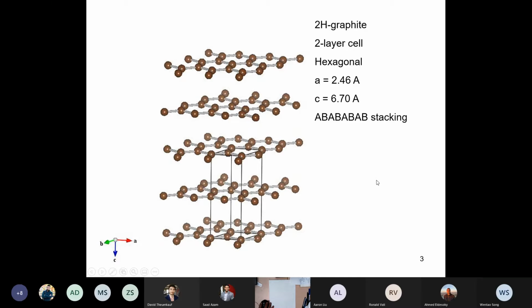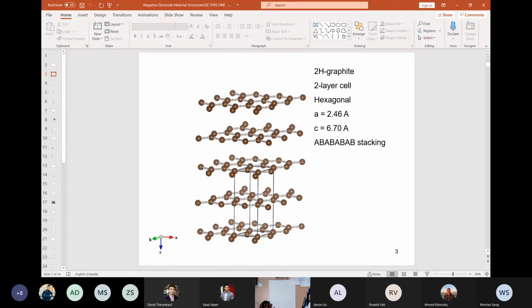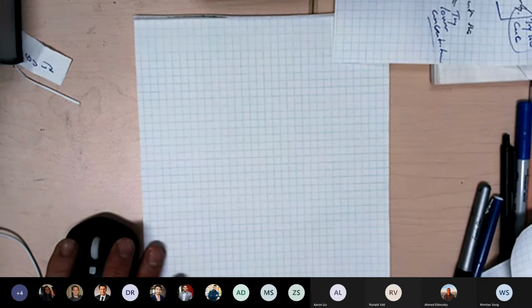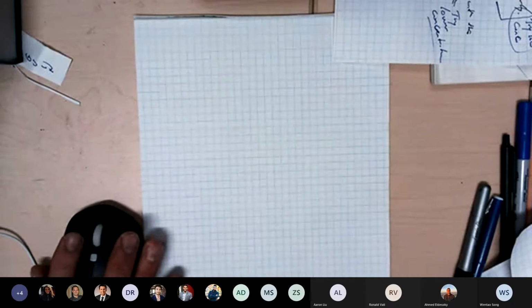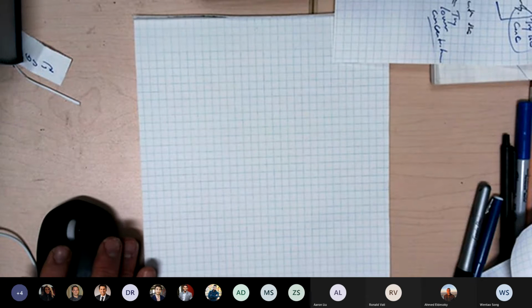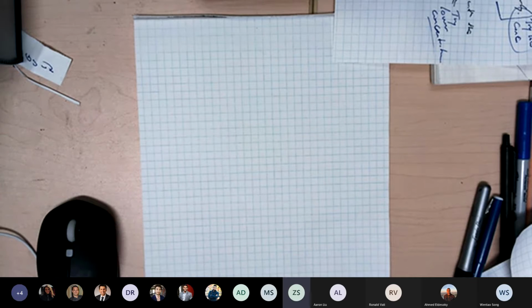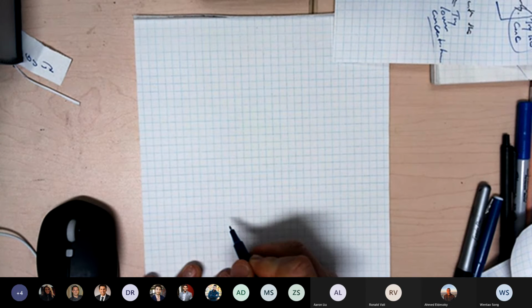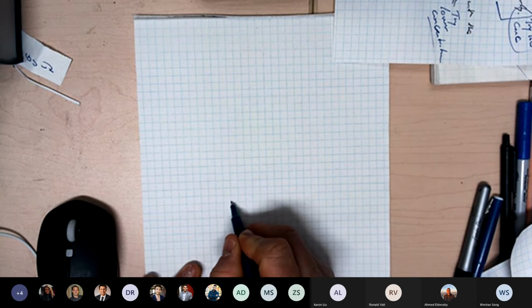So I'm going to go to my document camera. So I believe I've stopped sharing, and I believe you can see my document camera. Is that correct? Yes. Okay, great.